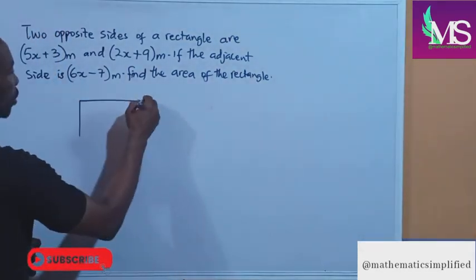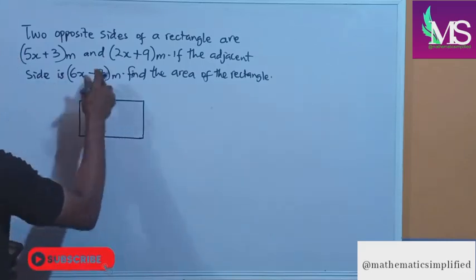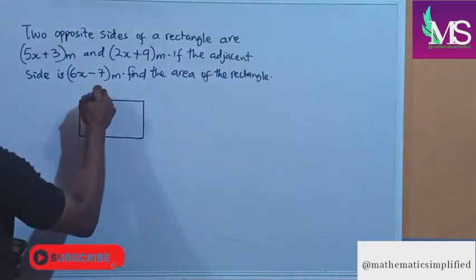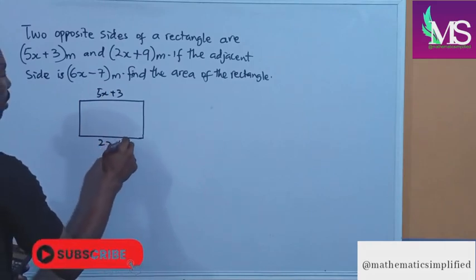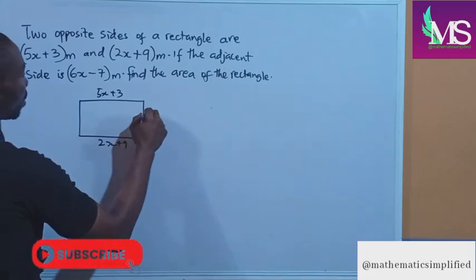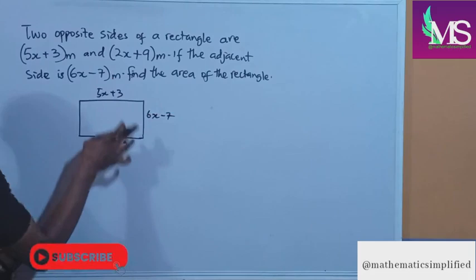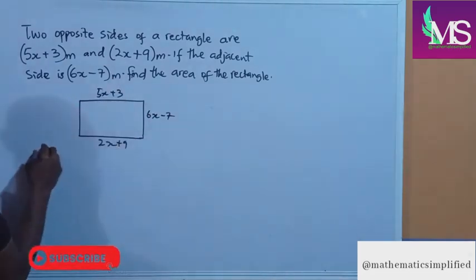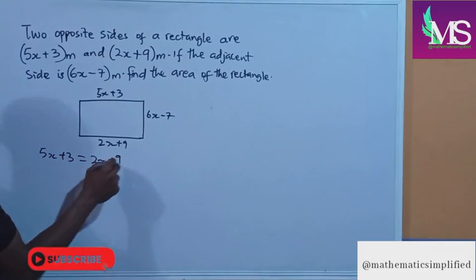We have a rectangle this way, and the said two opposite sides are 5x plus 3 and 2x plus 9, and the adjacent side is 6x minus 7. Now, we know that in a rectangle, these two sides are equal. So we can equate these two as 5x plus 3 equals 2x plus 9.